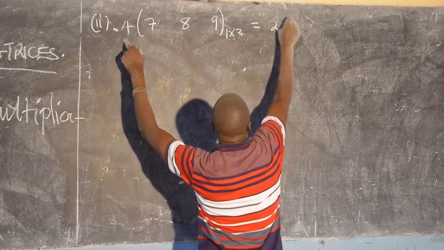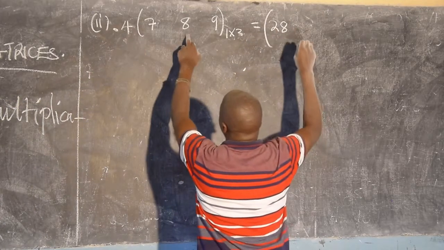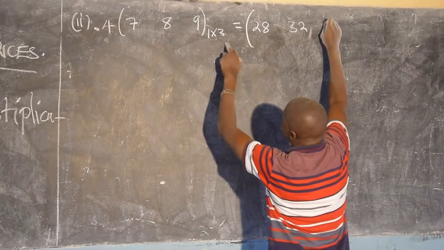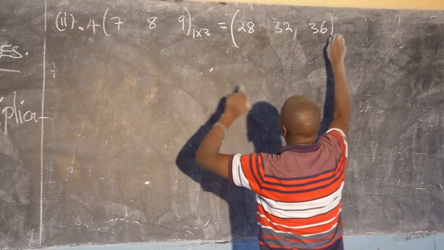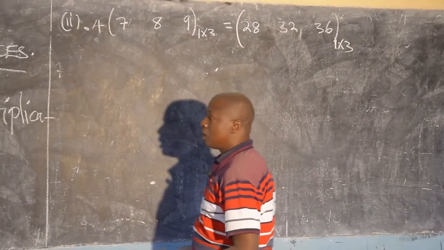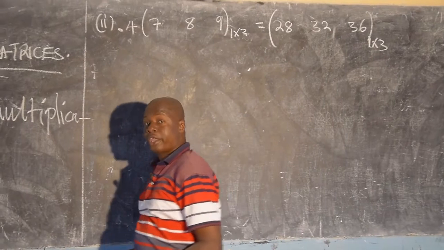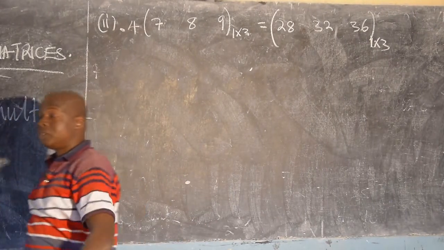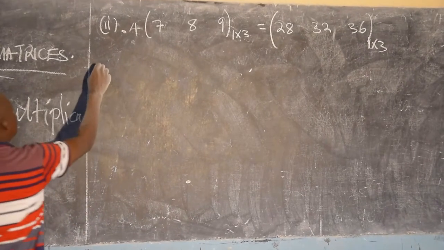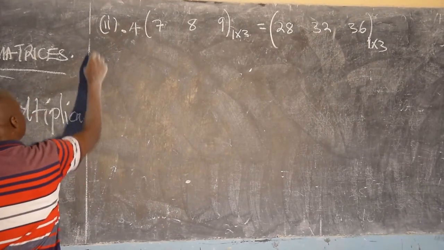That is 28. And this is 32. This is 36. This is a 1 by 3. Leave a space in between. Okay? It is a sign that you are dealing with the matrices.